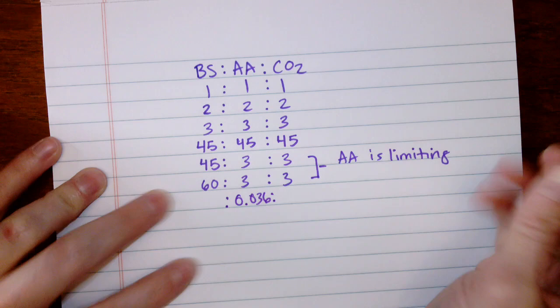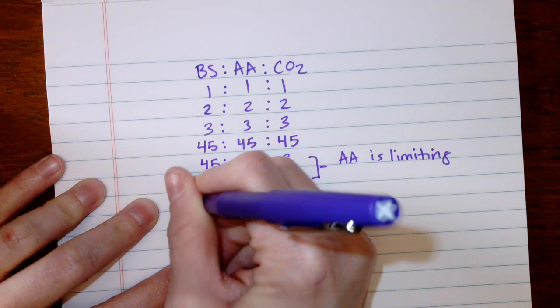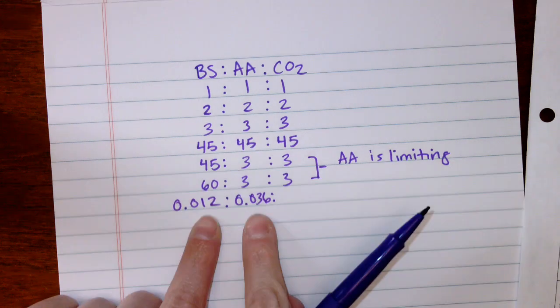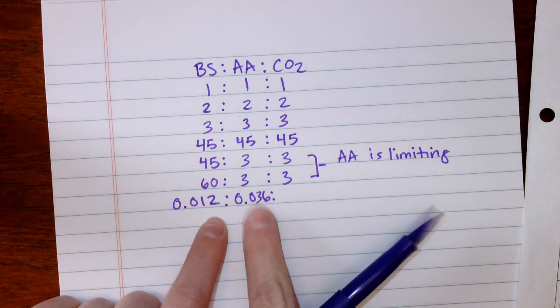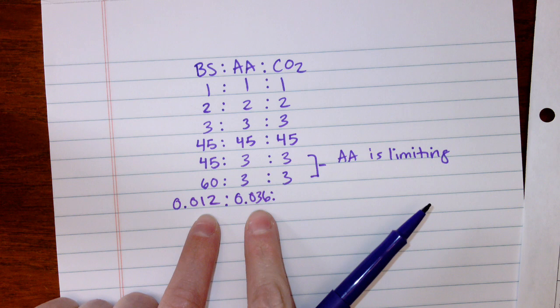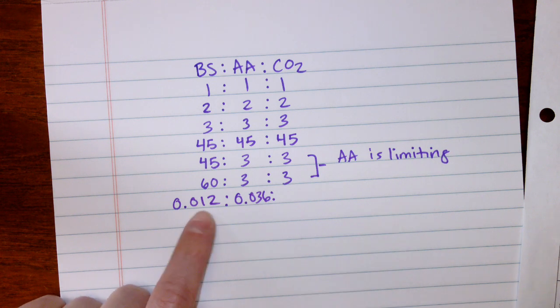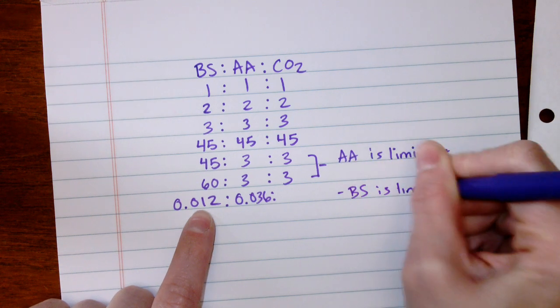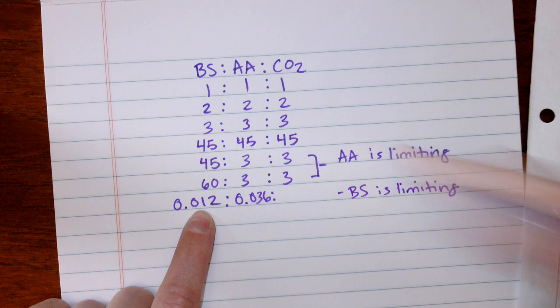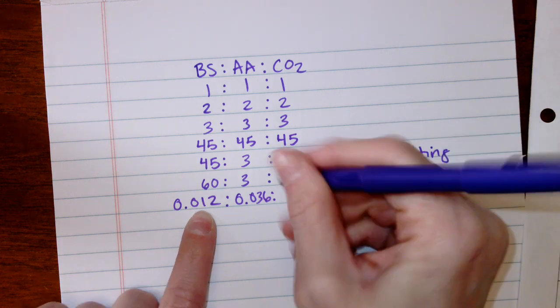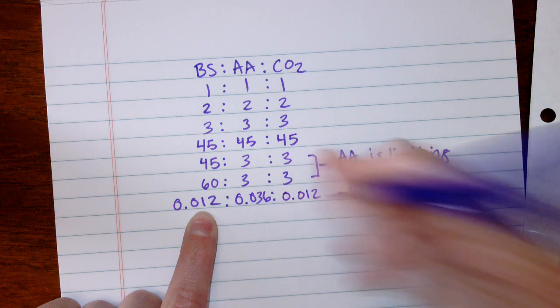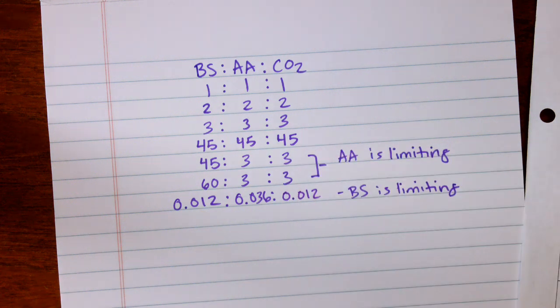Moles of baking soda, I have 0.012. Okay, so looking here, I think through which one of these is going to be my limiting. I have a 1 to 1 ratio, so that means that baking soda is my limiting. Because baking soda is my limiting, that means that I can only produce 0.012 moles of carbon dioxide.